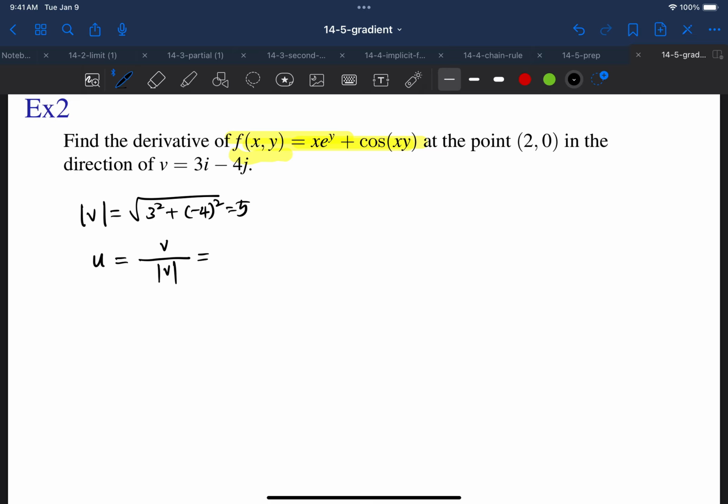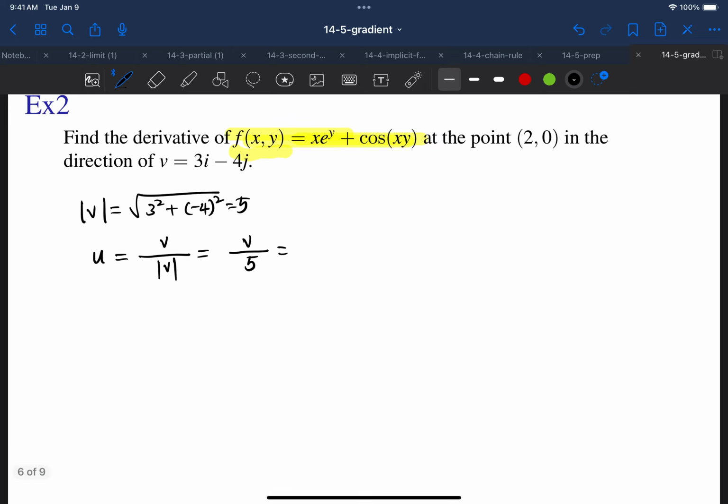So normalized by its length, which means v over 5. v is 3i minus 4j, so you can write this as 3/5 and negative 4/5.